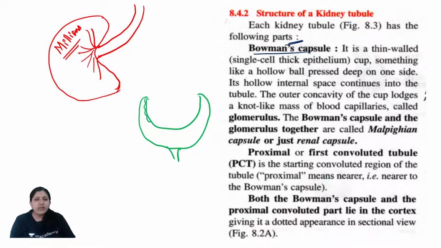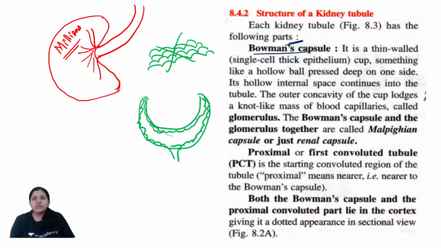It is single walled, that means only a single layer of cells will be there, there are no multiple layers of cells. On both sides you will find one cell thickness. So this is a single cell thick epithelium, and these are all epithelial cells.